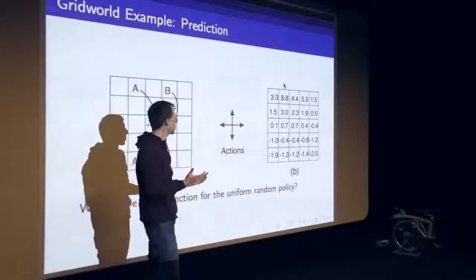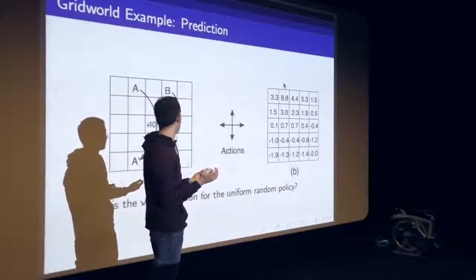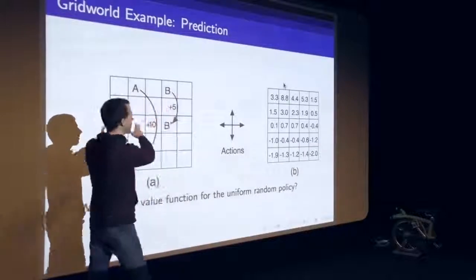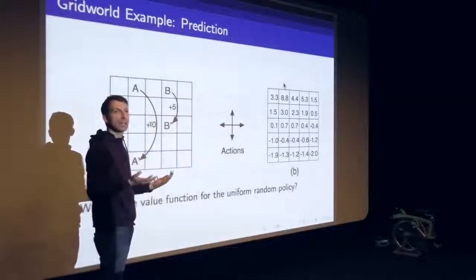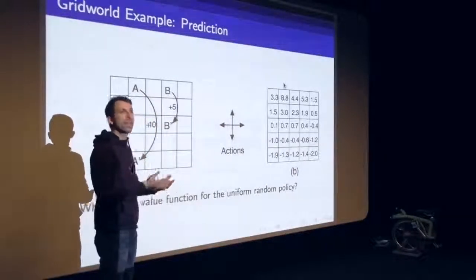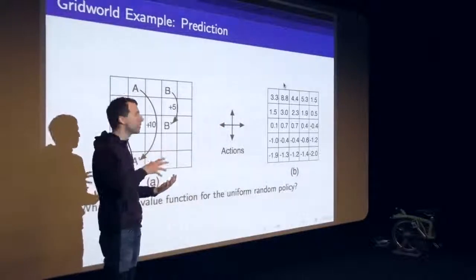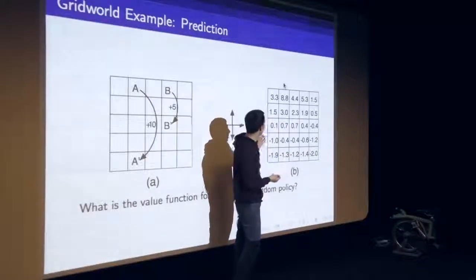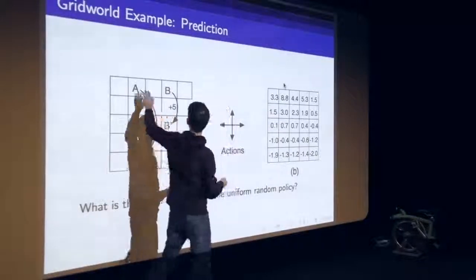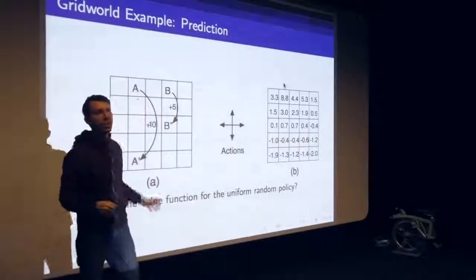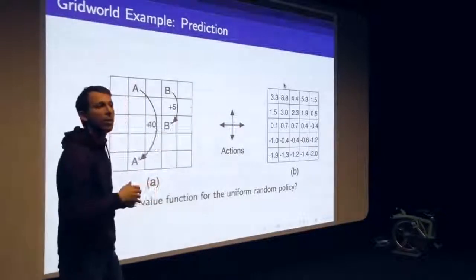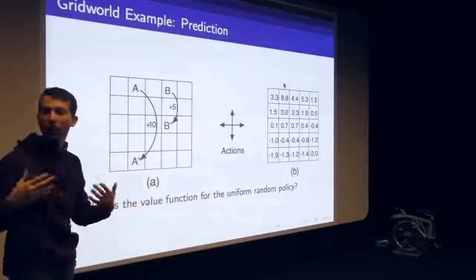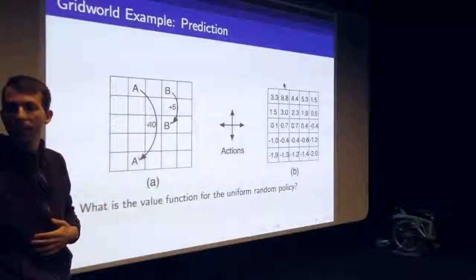We can ask, what's the value function for the uniform random policy? If we just move around this grid randomly, how much reward will we get? That's a prediction problem. We're asking, for this fixed policy of behaving randomly, how much reward will we get? This is the answer. At best, if you're in this top state here, you get roughly 8.8 units of reward in total going into the future. And we'll see how to solve these things in subsequent lectures.